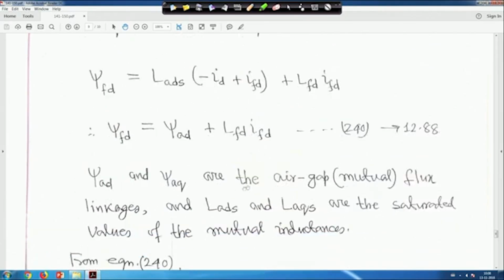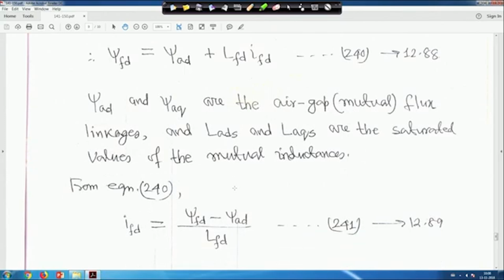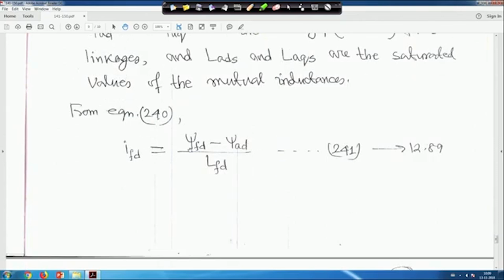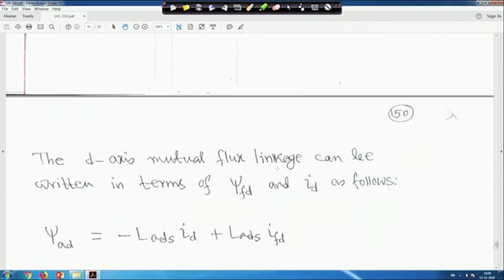Now, psi AD and psi AQ are the air gap, that is mutual, flux linkages, and LADS and LAQS are the saturated values of the mutual inductances. From equation 240, from the just previous equation, we can write IFD is equal to psi FD minus psi AD upon LFD. This is equation 241, this is for my own reference. Now, the d axis mutual flux linkage can be written in terms of psi FD and ID.